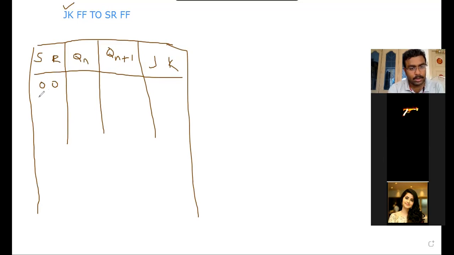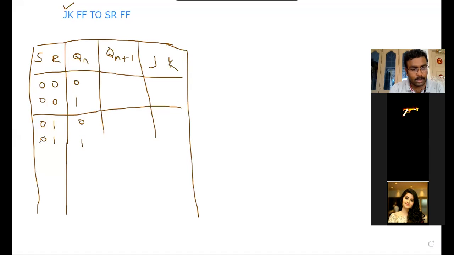0, 0 is the first combination, with present state 0 and 1. That is my first condition. Then the next input condition: 0, 1, with present state 0 and 1 to be tested.